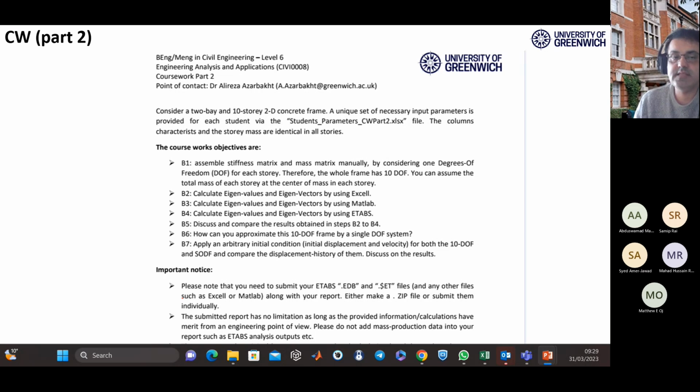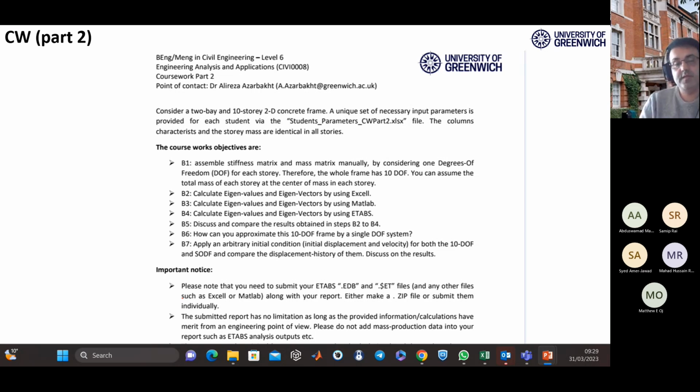And then with this approximation, you proceed to the section B7 to apply an arbitrary initial displacement and velocity, of course, for both the 10-story and single degree of freedom system and compare the displacement history of them. Discuss the results.